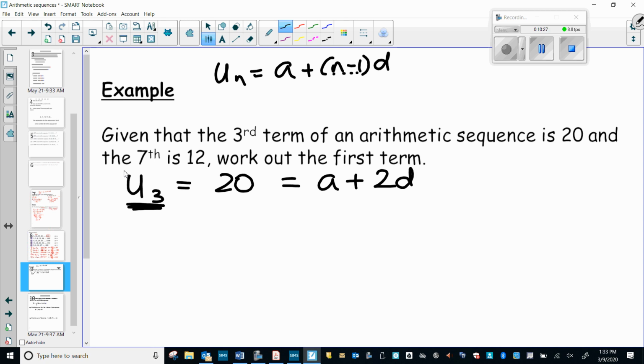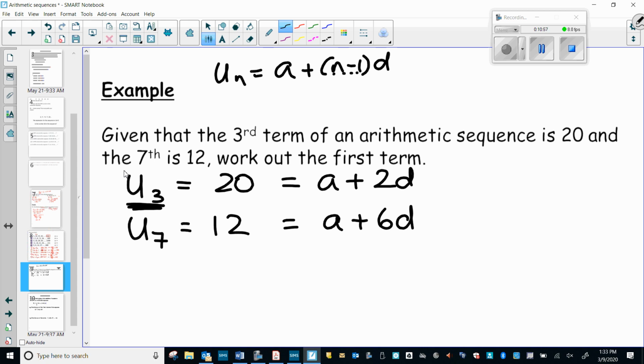Similarly, u7 is 12. If u7 is 12, that would be equal to a plus what? 6d. Nice. Now this is where I'm hoping you're going, how many equations do we have? We have 2 equations, and how many unknowns? 2.